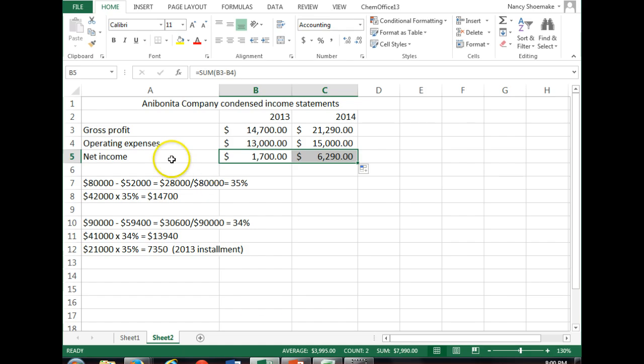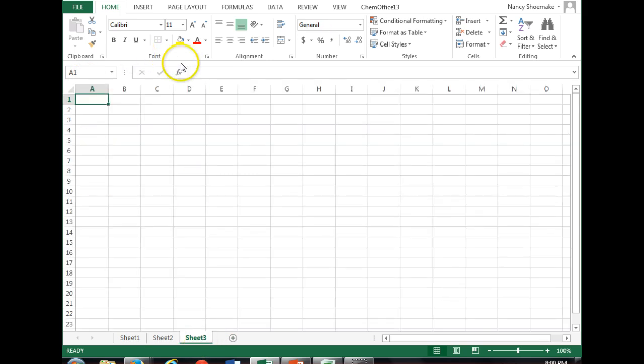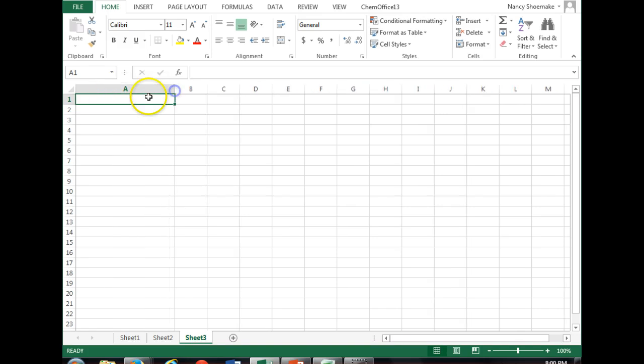So let's look at this. 17.15, Second Life Machinery. So how are we going to calculate this? Gross profit in 2013, 2014, and 2015.